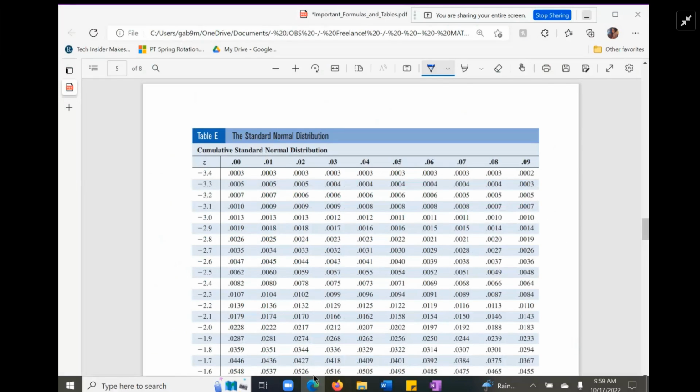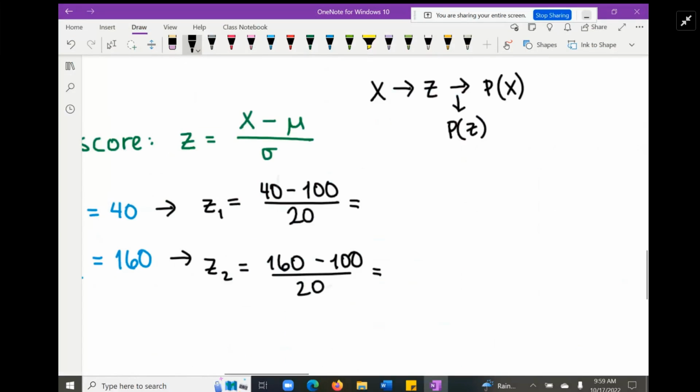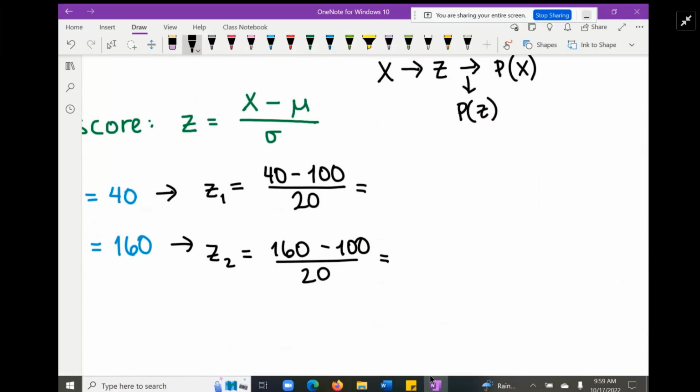Okay, so let me go back here and calculate. We have 40 minus 100, and that's negative 60 divided by 20, which is simply negative 6 divided by 2. If you cancel out the power of 10, we're left with negative 6 over 2, which is negative 3.